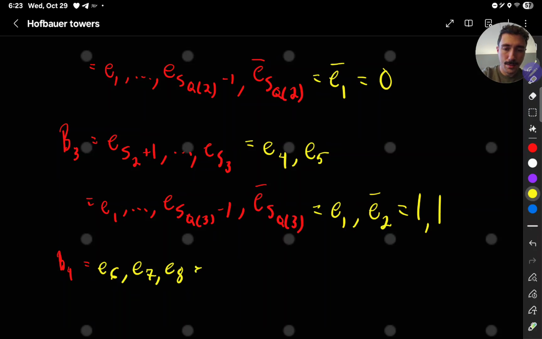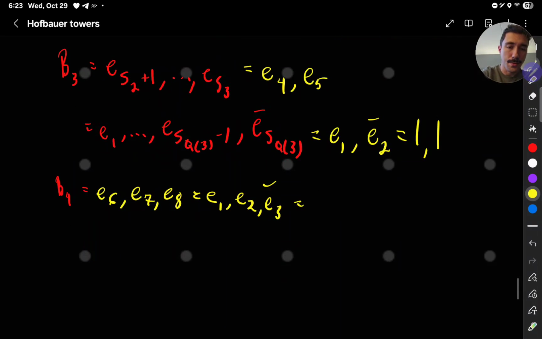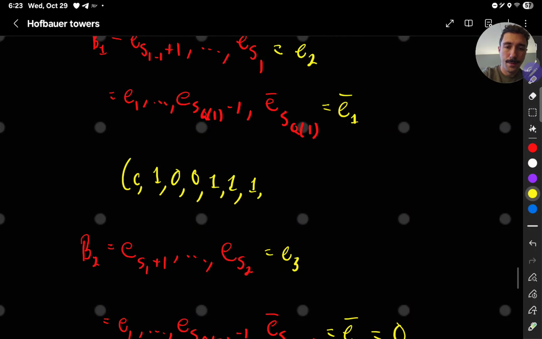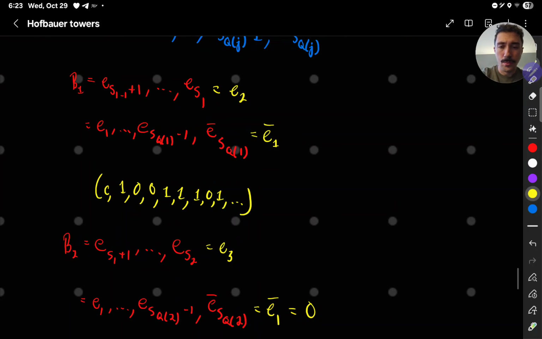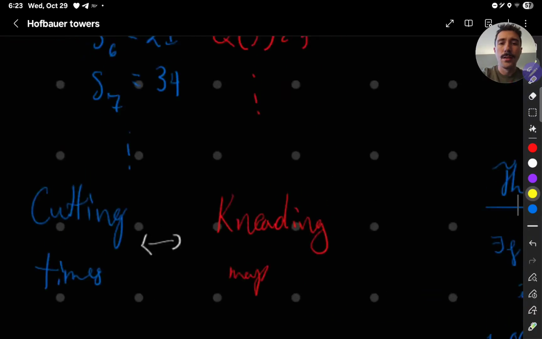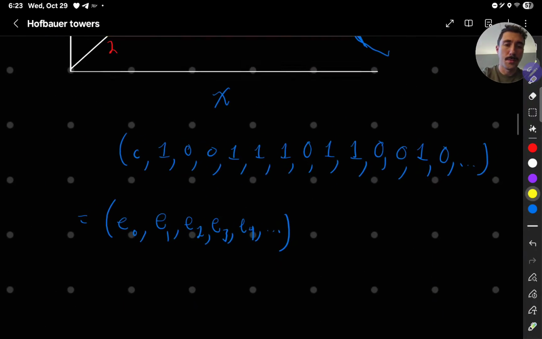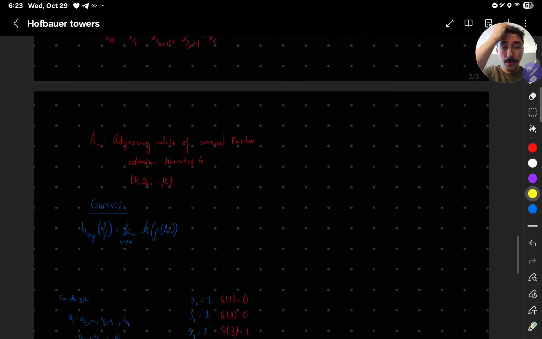And that should be E1, E2, E3 pivot. Well, we had 1, 0, 0, right? So this is going to be 1, 0, 1. So let's see. It should be 1, 0, 0, 1, 1, 1, 0, 1. Good. So this lets us translate to kneading sequences.